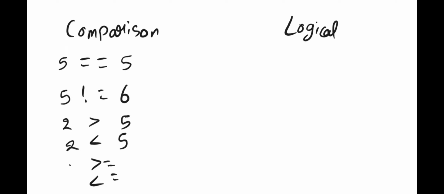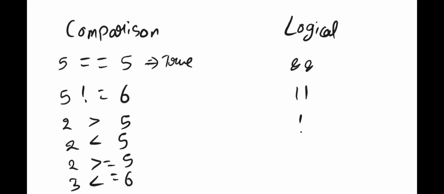If 5 is equal to 5, it prints true and it executes the statement like this. And in logical operators, we have a total of three: logical and, logical or, and logical not.